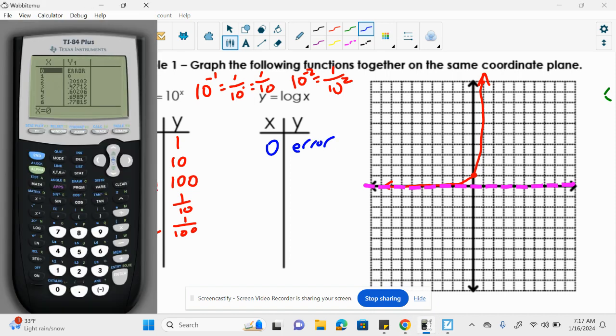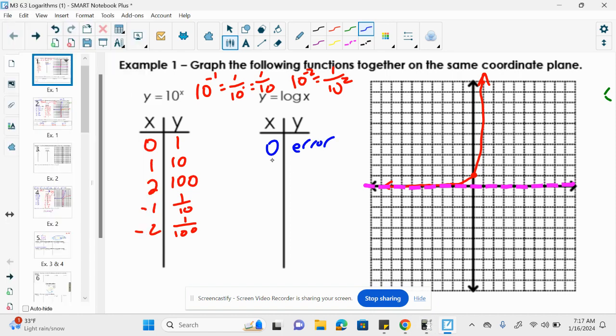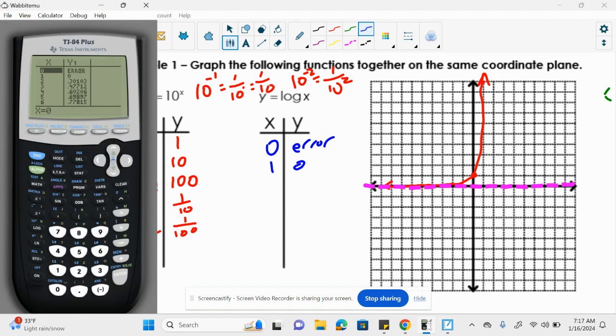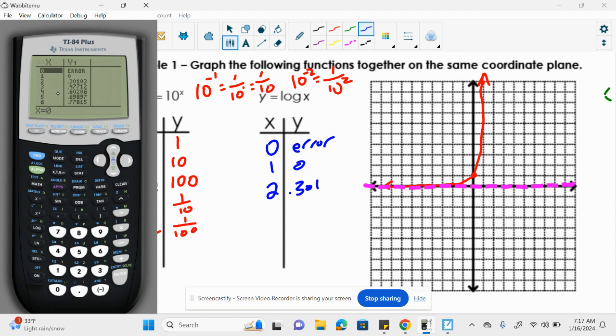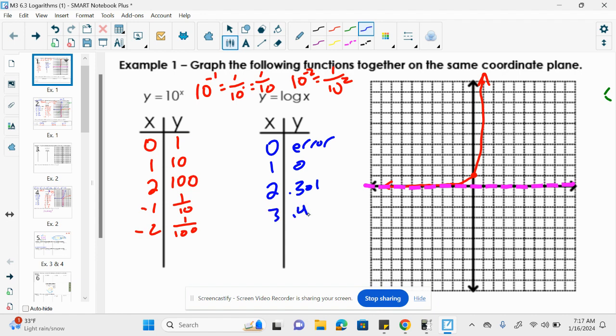What else we got? At 1, we're at 0. At 2, it looks like we're at 0.301. At 3, 0.477. So something wacky is going on there.